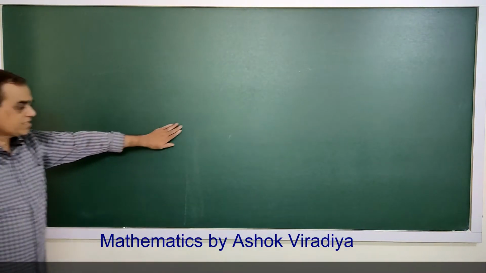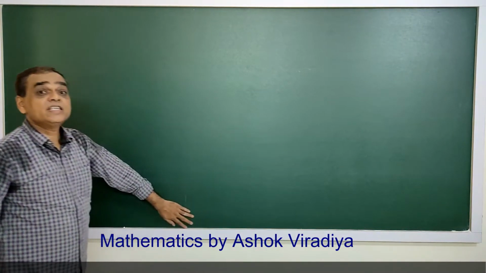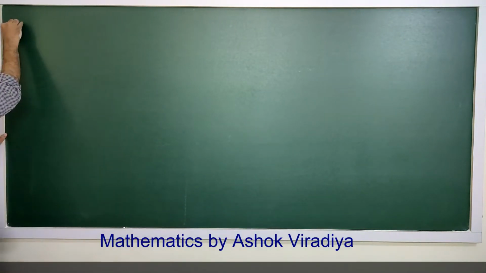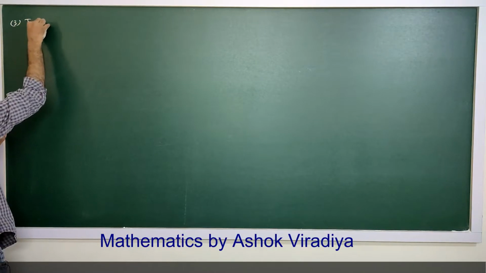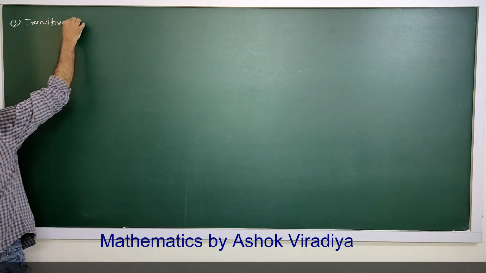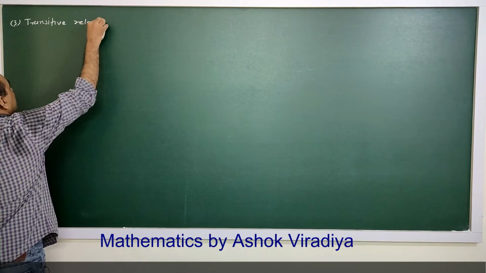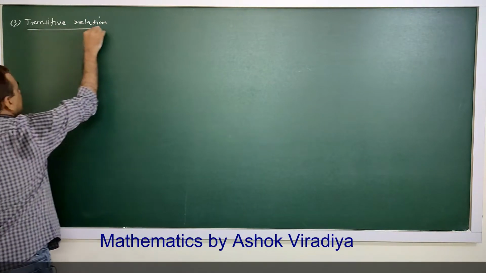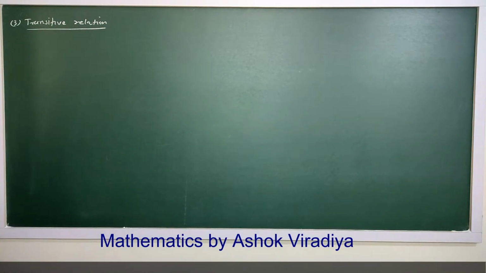Now the third topic is transitive relation. To understand this word, again I am taking an example.